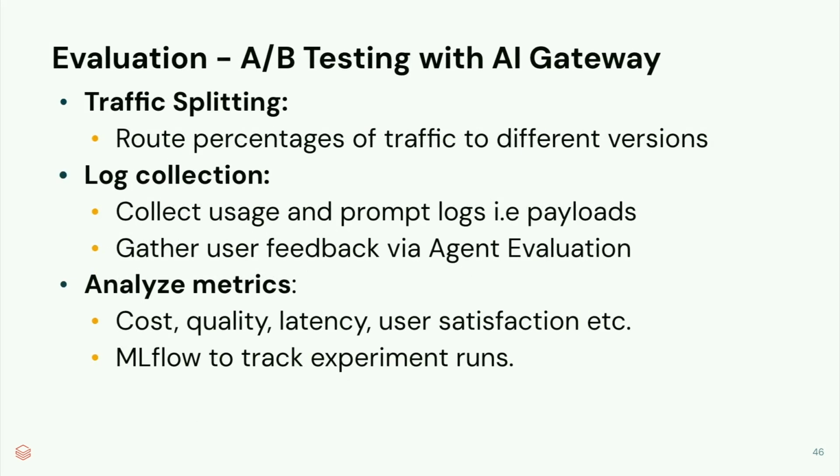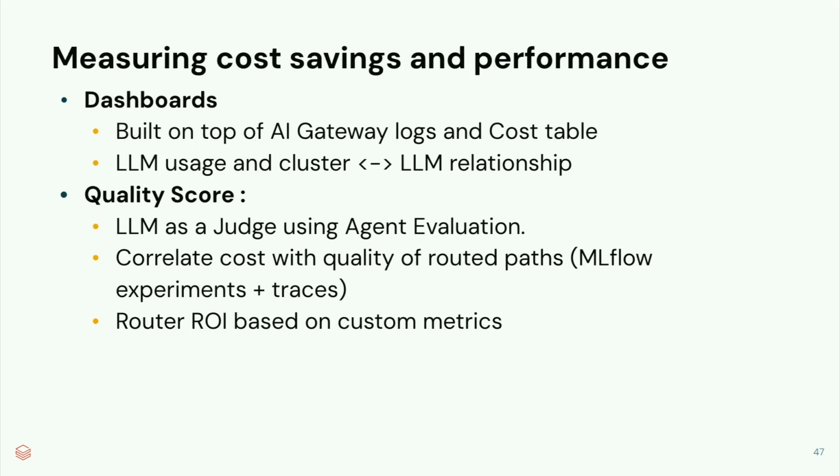So for evaluation, traffic splitting can be done by the API gateway, then log collection and analyzing different metrics using different ML components, and using MLflow to track the different experiments. How do we measure the cost and performance? We talked about it in a technical manner, but here you can build dashboards over the API gateway logs and the cost table that is there in the Unity catalog, and get as many insights as you like, with your custom dashboards.